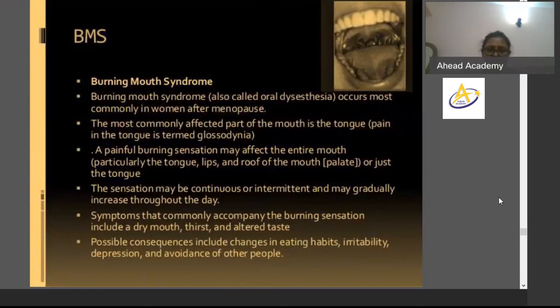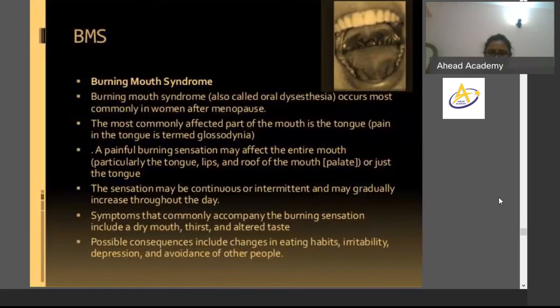It is a painful burning sensation that may affect the entire mouth, particularly the tongue, lips, and the roof of the mouth, or just the tongue. The sensation may be continuous or intermittent and may gradually increase throughout the day. Symptoms that commonly accompany the burning sensation include dry mouth, thirst, and altered taste. Possible consequences include changes in eating habits.